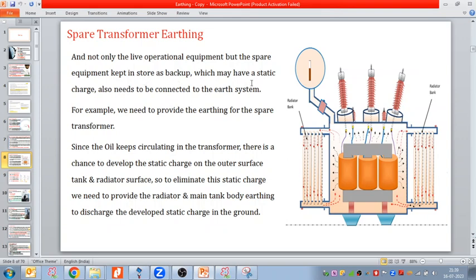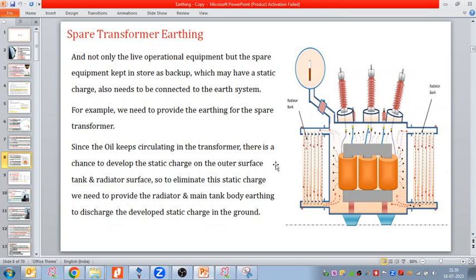Spare equipment may have a static charge, and it also needs to be connected to the earth system. For example, we need to provide earthing for spare transformers, because in a spare transformer we have oil in the main tank, and the radiator is connected with the main tank.